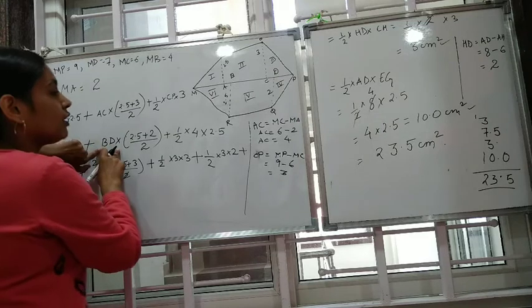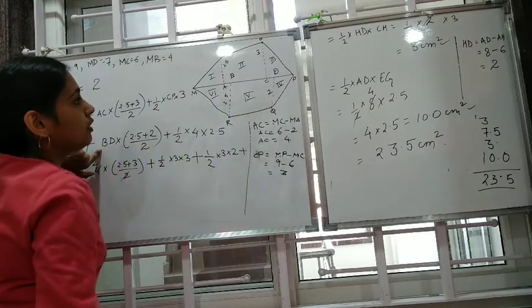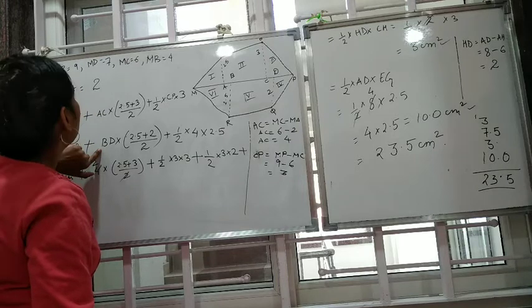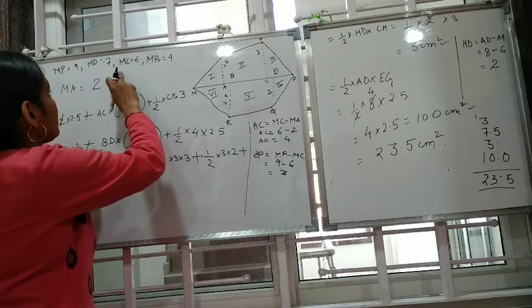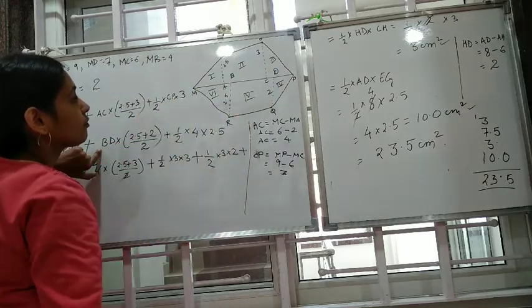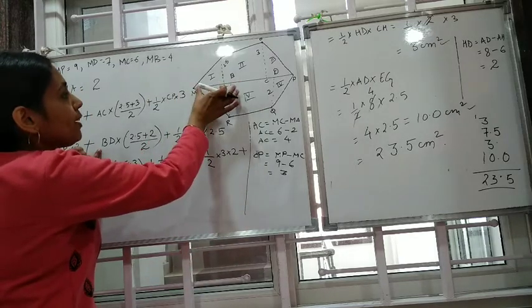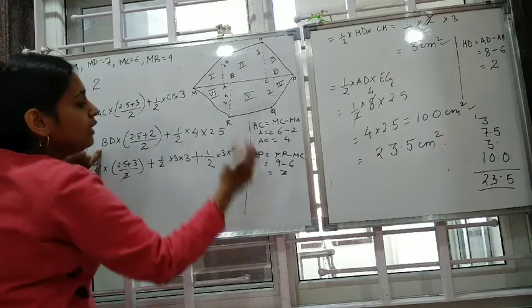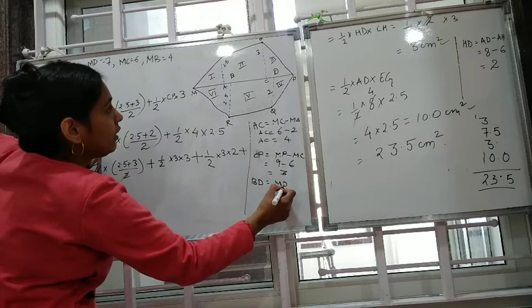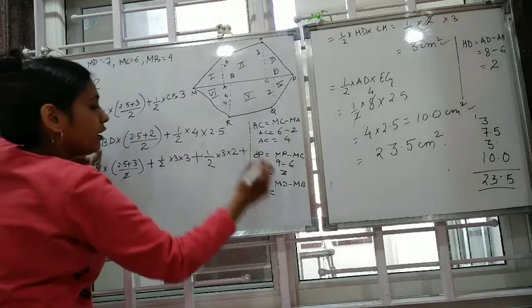Plus, this is BD. Now we need to know what BD is. Where is BD? BD is here. MD is given? Yes, MD is given. So if we remove MB, MB is also given, sorry, from MD, we'll come to know BD. So BD is equal to MD minus MB. MD is how much? 7.